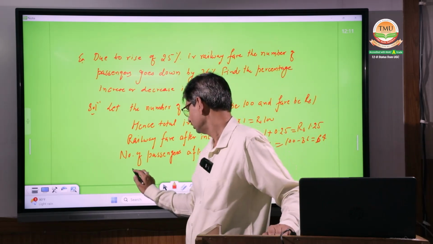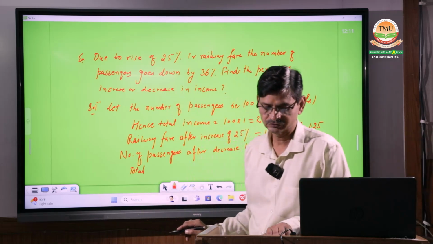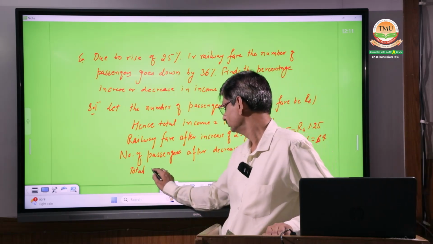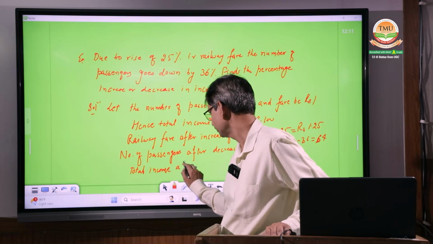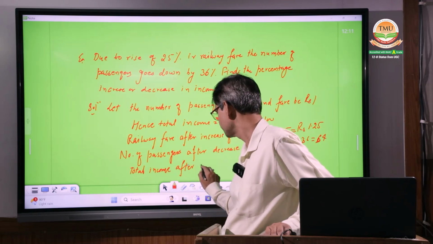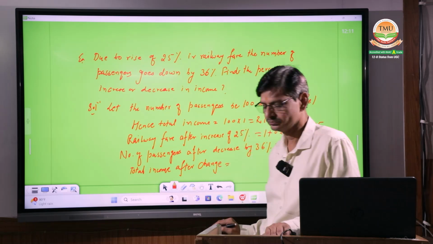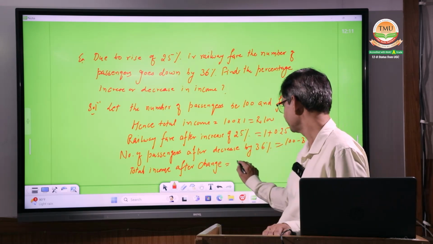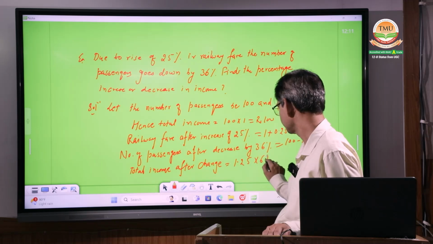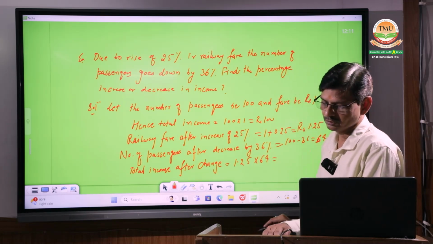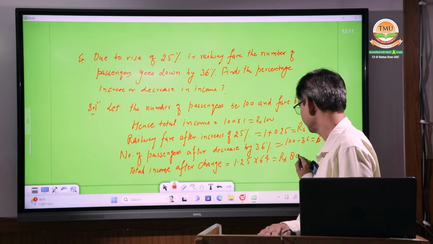Total income after change, this will be 1.25 into 64, which will be rupees 80.